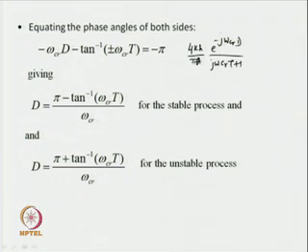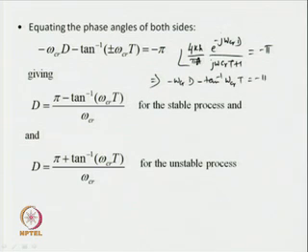Let us consider the stable process model first. This angle should be equal to -π, because the loop phase is equal to -π, which can be written as -ω_cr d - tan⁻¹(ω_cr T) = -π.